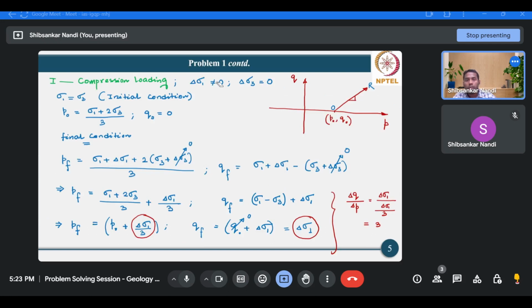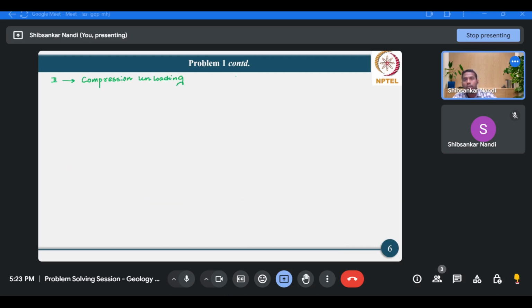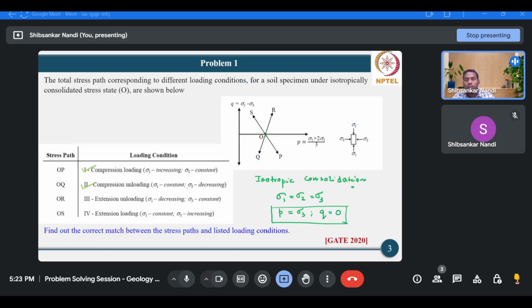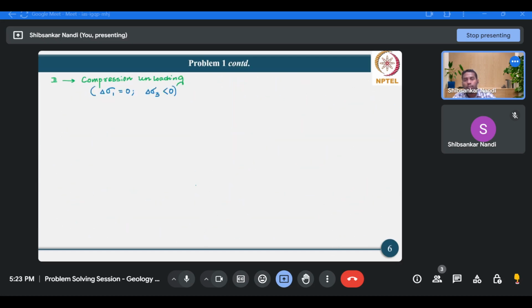In this case your delta sigma 1 is 0 and delta sigma 3 is less than 0. Okay, so sigma 1 is constant and sigma 3 is decreasing. Now the initial condition remains the same in this case as well.